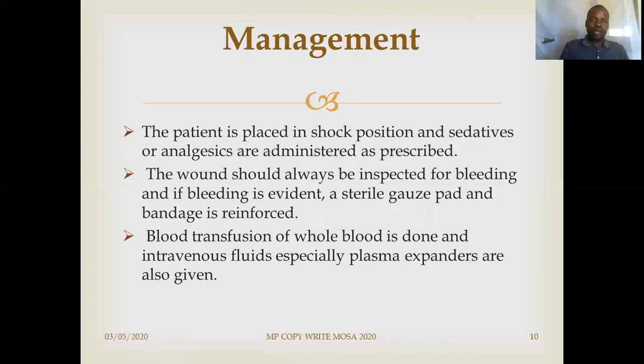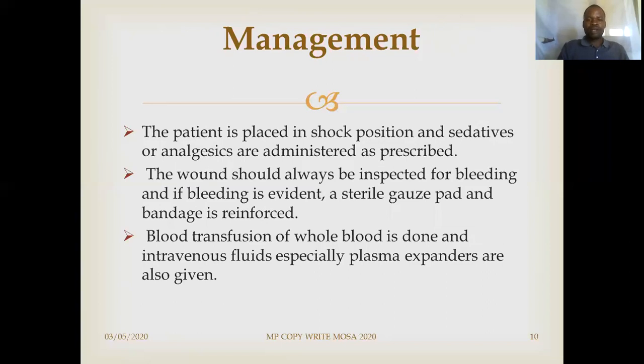Let us look at the management of hemorrhage. Everybody is very much familiar with shock position, where the foot end of the bed is elevated.